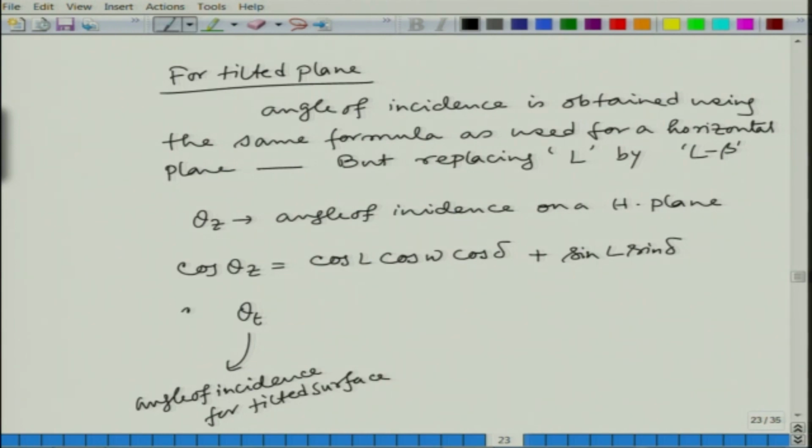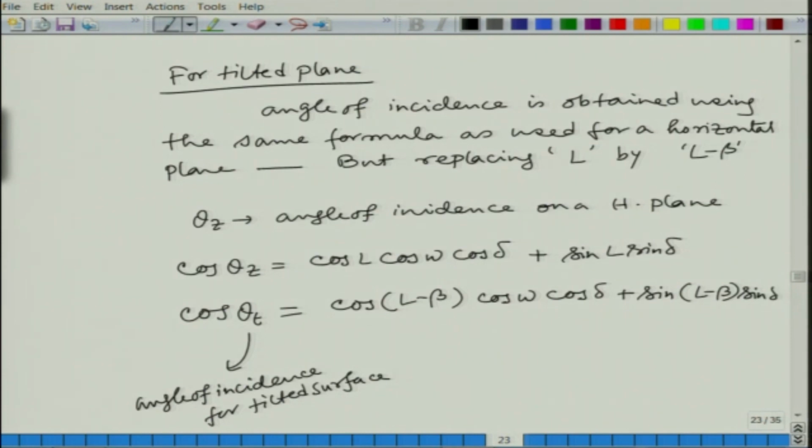So, what we can write? The same thing cos theta t now we can write, and we will replace this L by L minus beta. Okay. Everything else stays the same, and here also we have one L. So, we have to replace that as well.